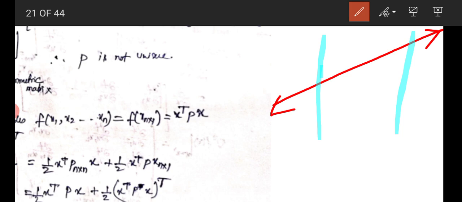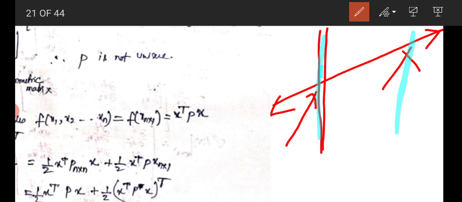So the maximum value is found at this boundary, and the maximum is found at this boundary. Up to this boundary, the maximum is this one. What does it mean?